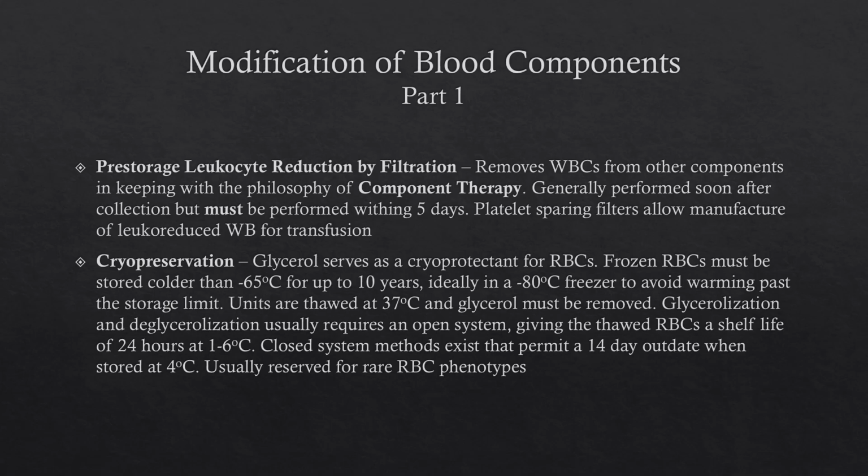When you thaw a frozen RBC, it needs to be done at 37 degrees, typically a water bath, but there are some other methods with warm beads and things. But you thaw them warm, and then you go through a washing step to remove that glycerol.